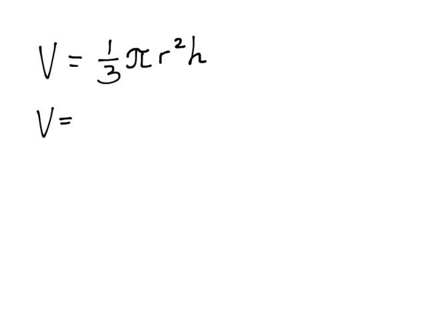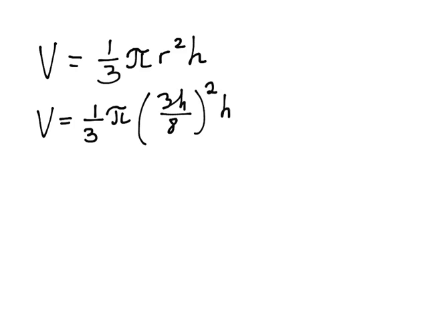Now what do we have? 1/3 pi, we just found r, is (3h over 8) squared times h. So if you simplify, you'll get V equals 3 over 64 pi h cubed. Yep.